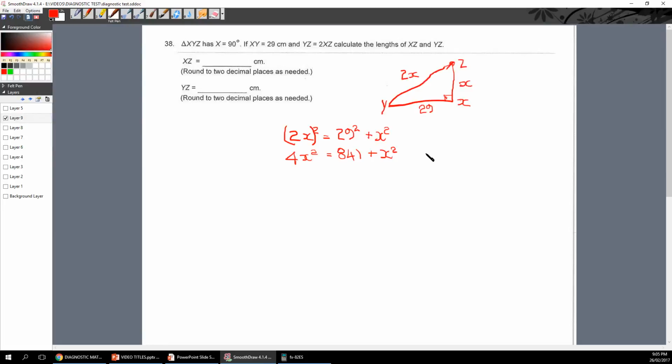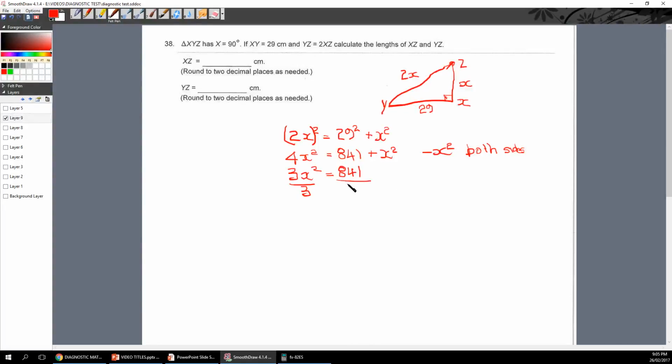So I'm going to subtract x squared from both sides. Minus x squared both sides. When we've got a bit more room, my writing is a little bit more understandable. Both sides, which is going to be 3x squared if we take x squared away from there, equals 841. Okay, and then I'm going to divide through by 3.